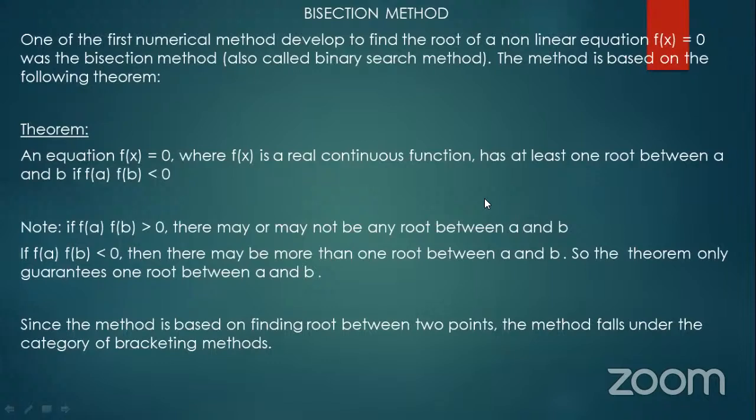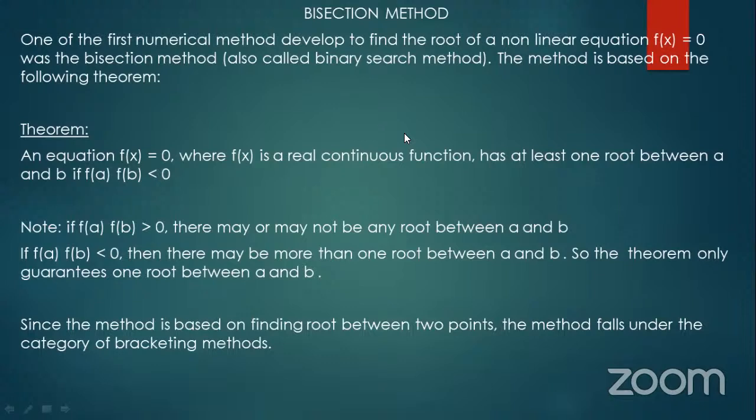On the next slide. One of the first numerical methods developed to find the root of a nonlinear equation, f(x) equals 0, was the bisection method, also called the binary search method. The method is based on the following theorem.